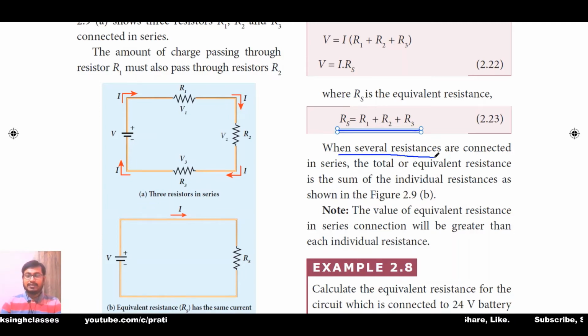When several resistances are connected in series, the total or equivalent resistance is the sum of the individual resistances, as given in figure 2.9. So suppose you have 10 resistors R1 to R10, then the equivalent or total resistance is equal to the sum of the individual resistances from R1 to R10, as we have seen here. This is what the theory says.